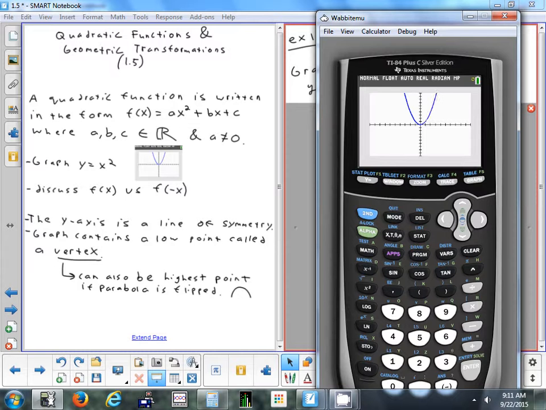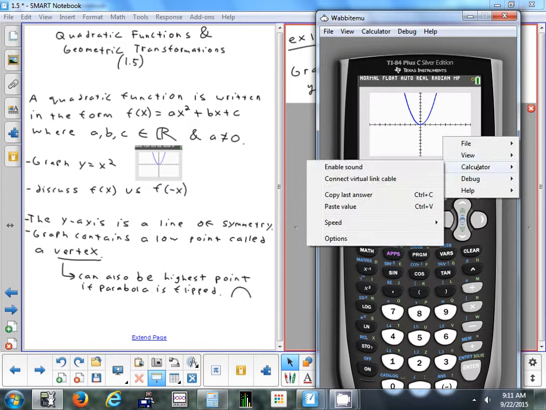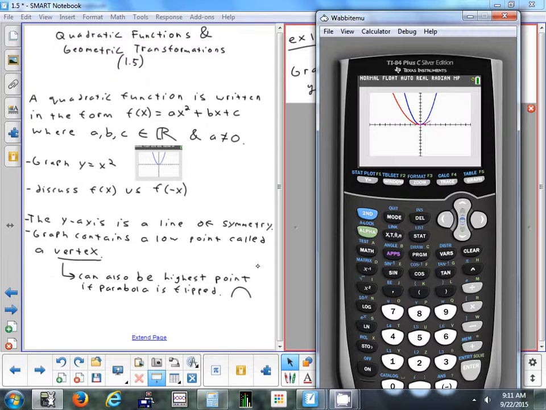All right, there's the original. And that's what happens when you put a 1/3 in front of it. What happened there? There's two ways you could describe it. You could think about it vertically, or you could think about it horizontally.